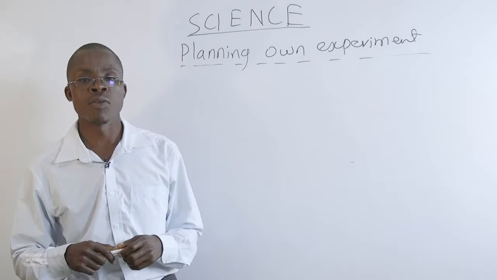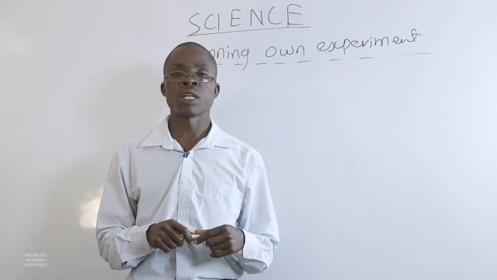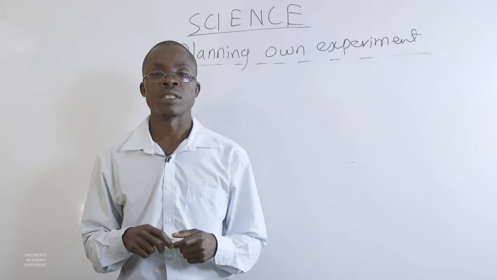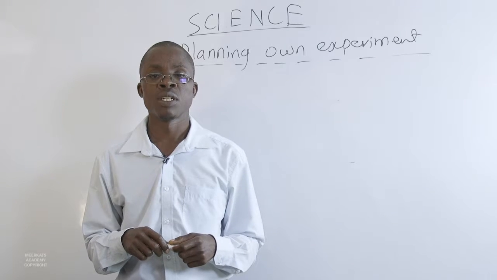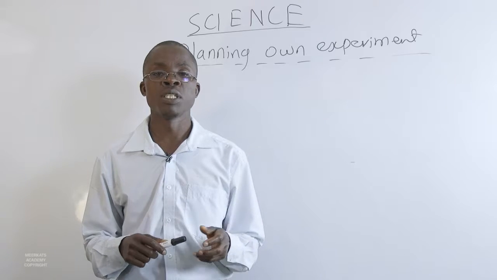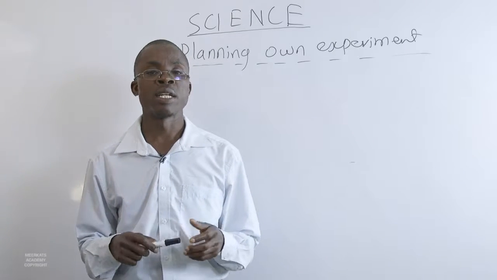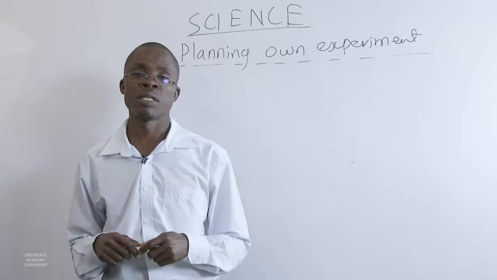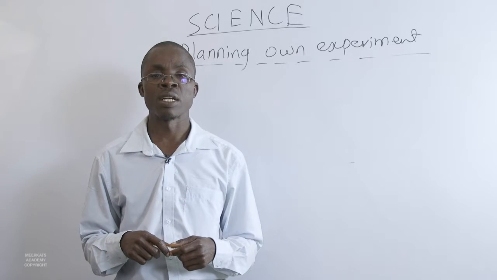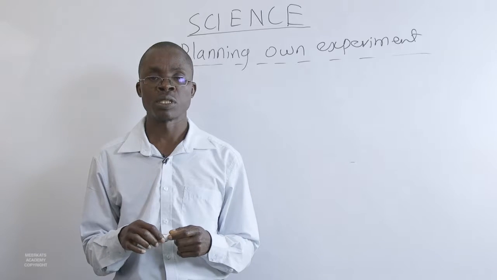You realize that in our previous lesson, we looked at how one is supposed to write a scientific report. For you to write a scientific report, you should have done at least an experiment, so that from that experiment you can write that scientific report.